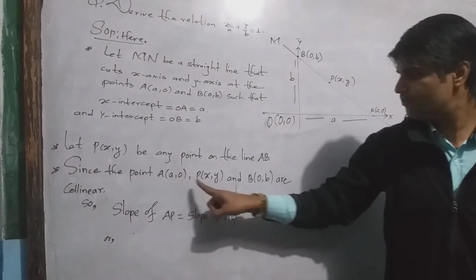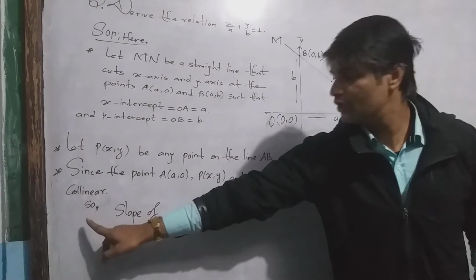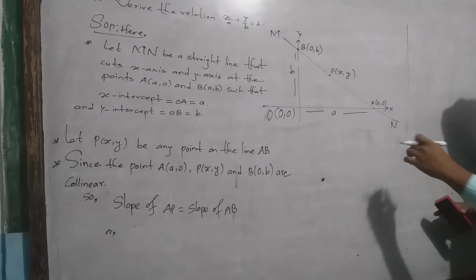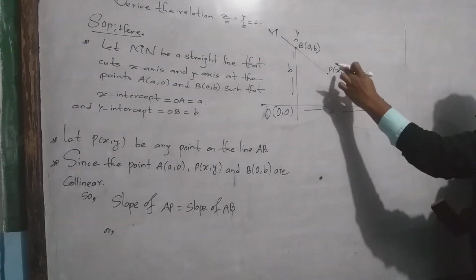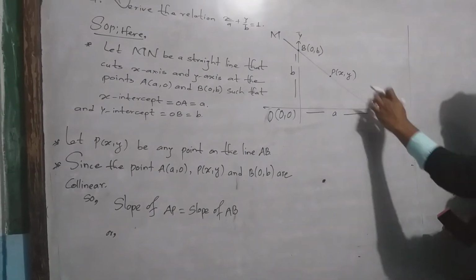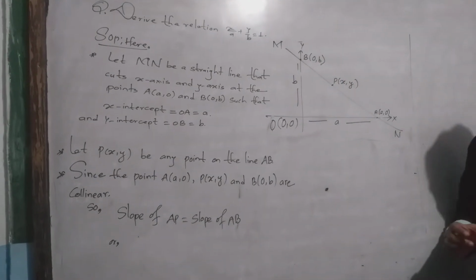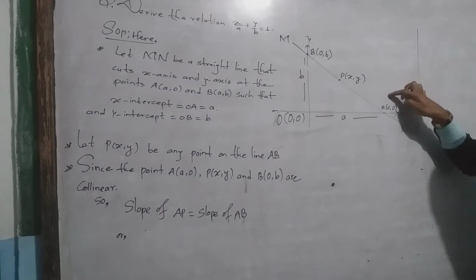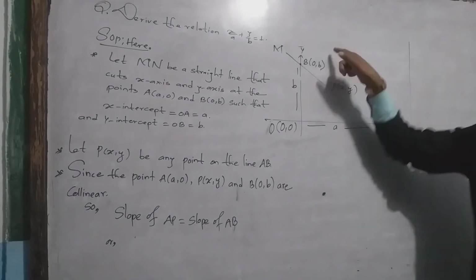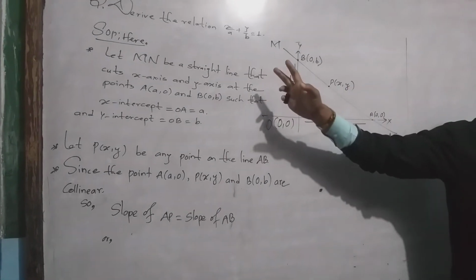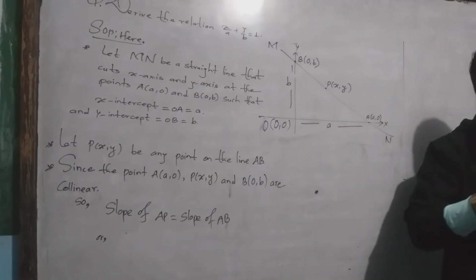Since the points A, P and B are collinear, their slopes are the same. You can take any points, AP and PB, or AP and AB. I am considering that the slope of AP and the slope of AB are the same, because the points are collinear, meaning they lie on the same straight line.